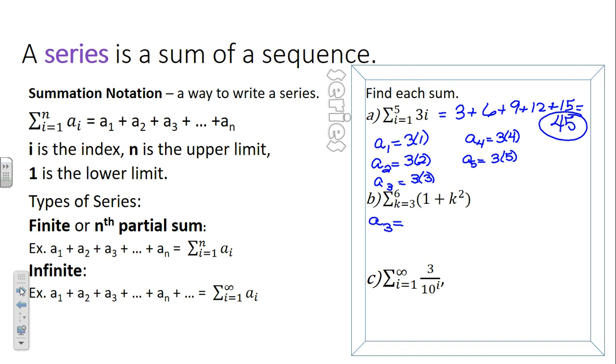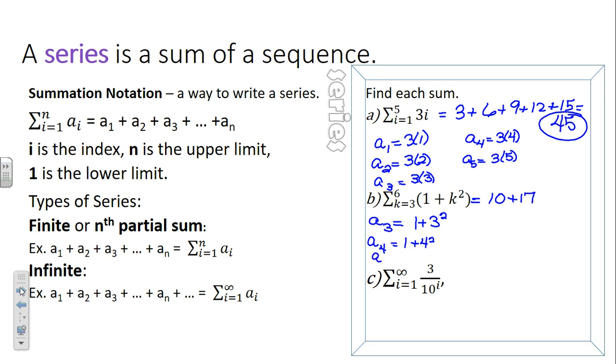Everywhere we see k, we put in a 3. So we're going to take 1 plus 3 squared, and we'll get 10. Now we have to find the fourth term of that sequence, right? And what are we going to get? 17. We take 1 plus 4 squared, 1 plus 16, and get 17.